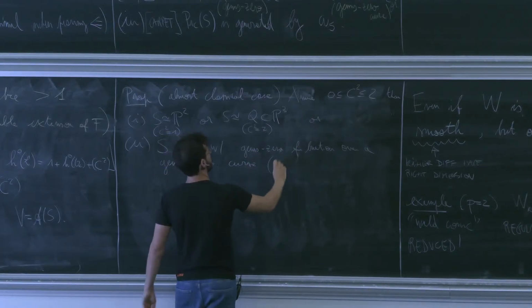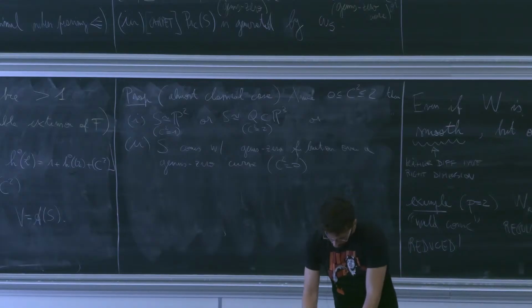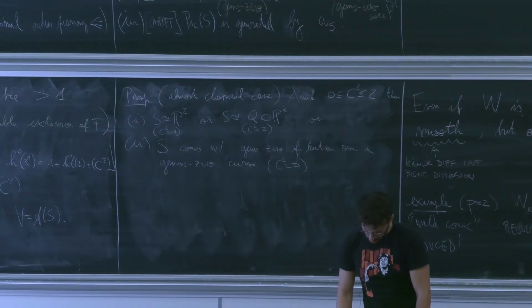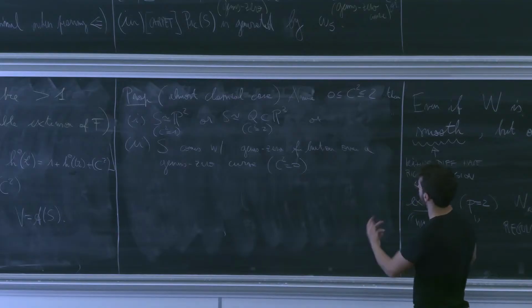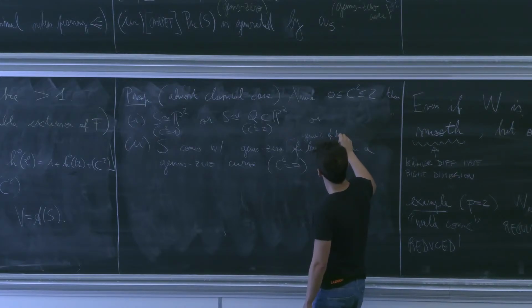And this is, of course, the C square equals 0 case. So what do I mean with genus 0 fibration? I just mean that the generic fiber has genus 0.